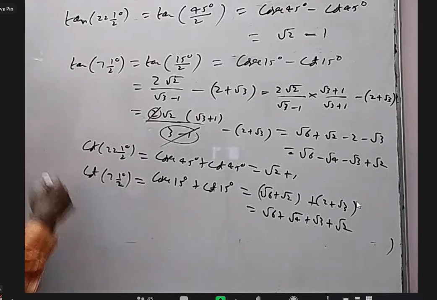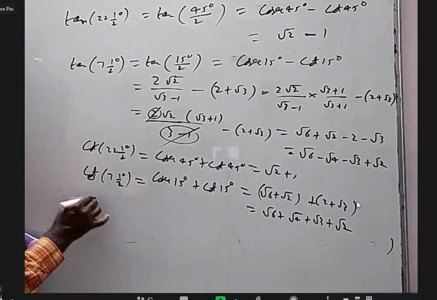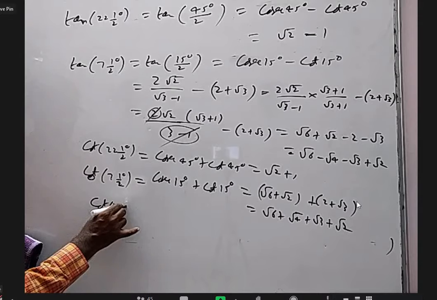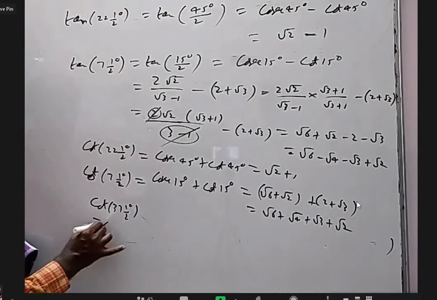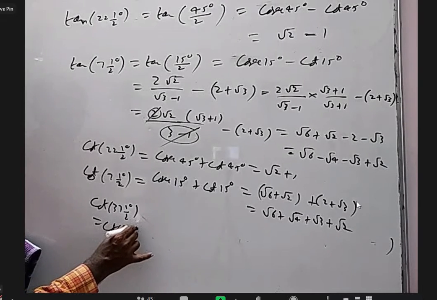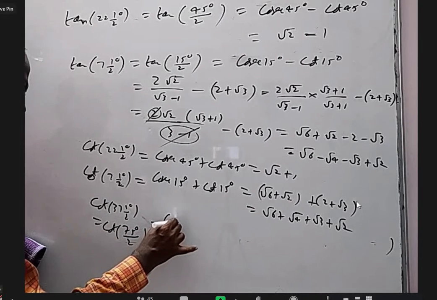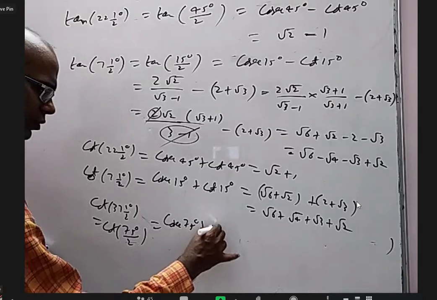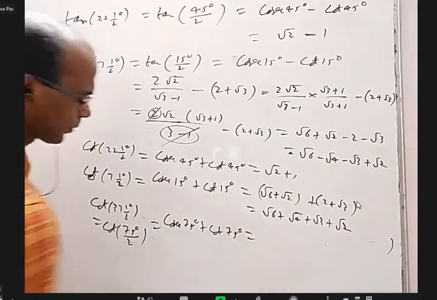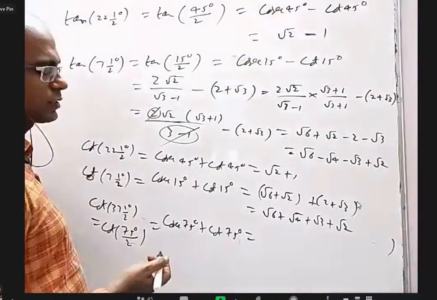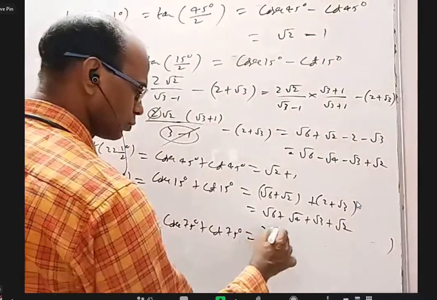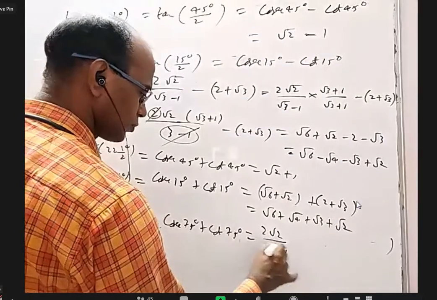I can even find tan 37 1/2 or cot 37 1/2. One of them I will do. Cot 37 1/2 is actually cot 75 degrees by 2. That will be cosecant 75 plus cot 75. What is cosecant 75? Reciprocal of sin 75. Sin 75 is root 3 plus 1 by 2 root 2, so it is 2 root 2 by root 3 plus 1.